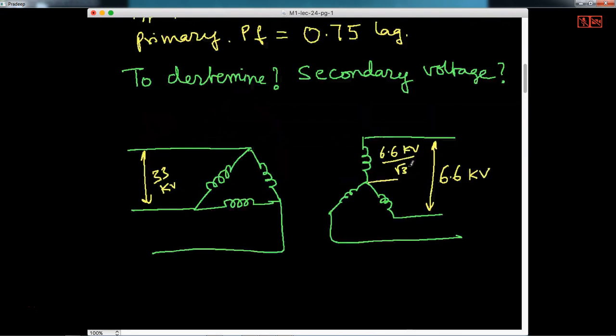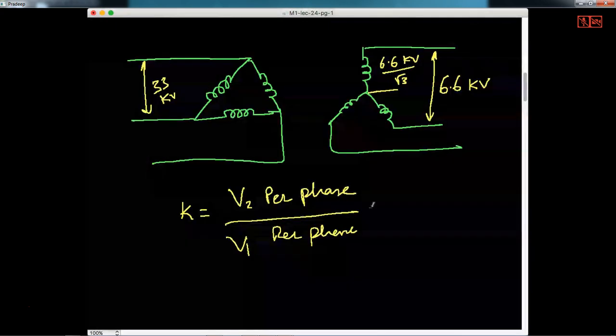Therefore the transformation ratio K is V2 per phase divided by V1 per phase, the secondary voltage by primary voltage. So this is 6.6 divided by root 3 divided by 33.